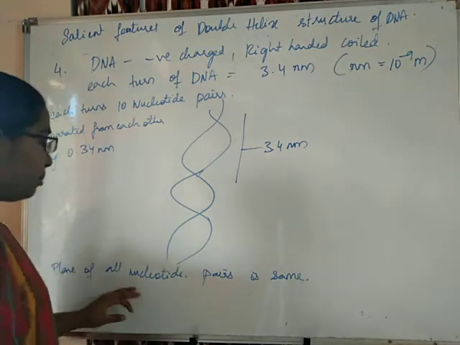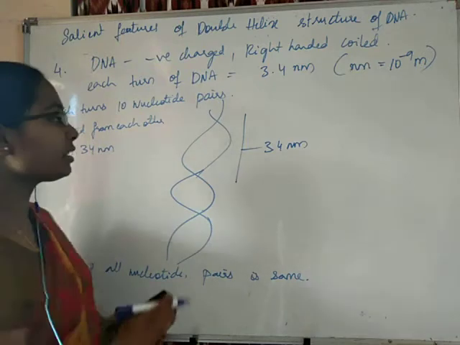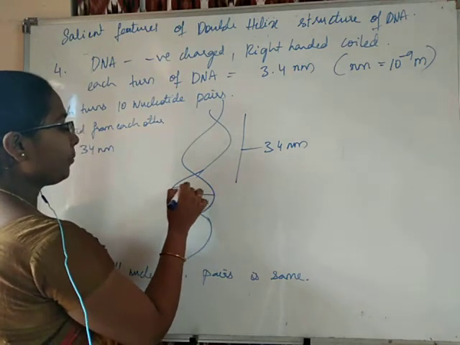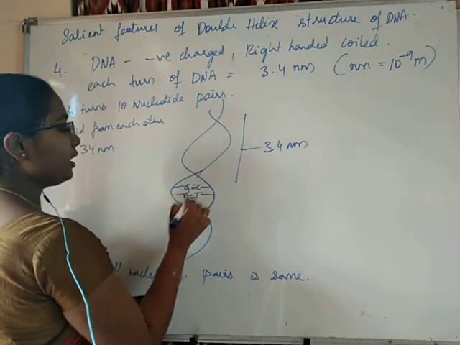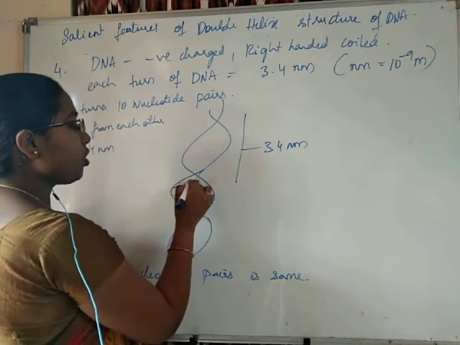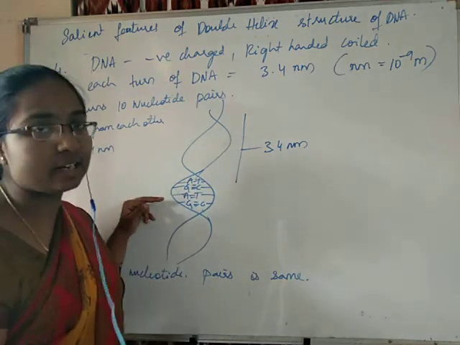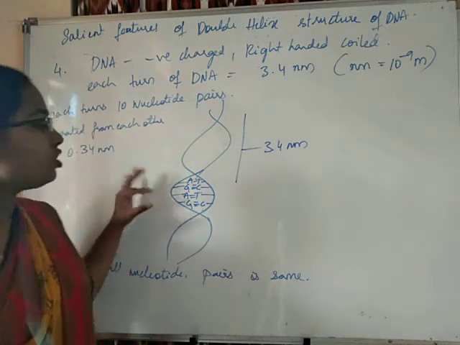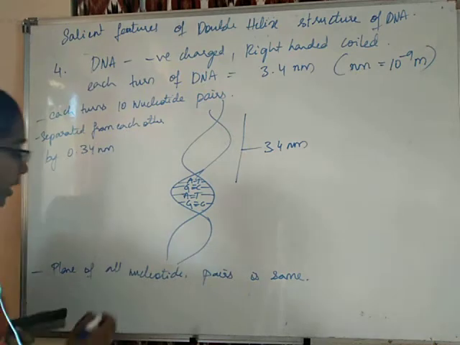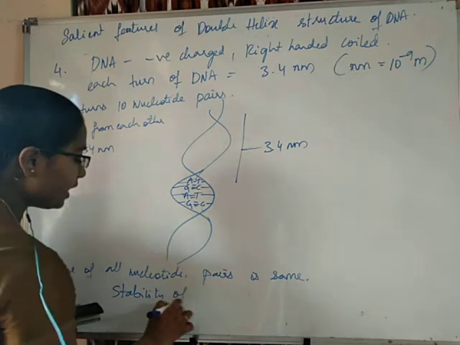For suppose like this, A, T, G, C, G, C, all the nucleotide pairs will be lying on the same plane. So, the presence of all the nucleotide pairs on the same plane will increase the stability of the DNA structure.